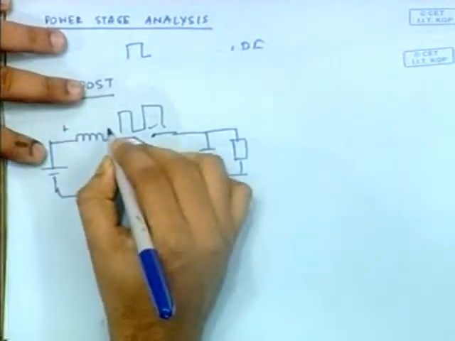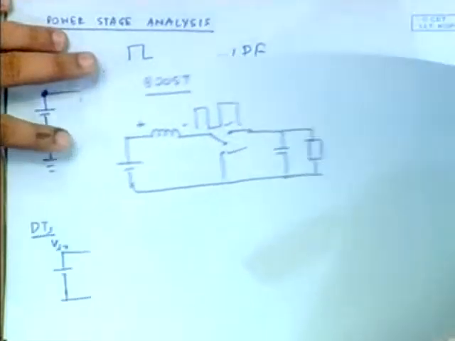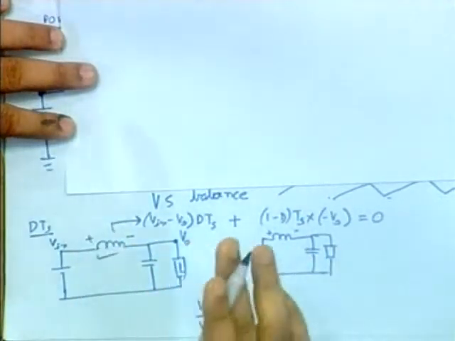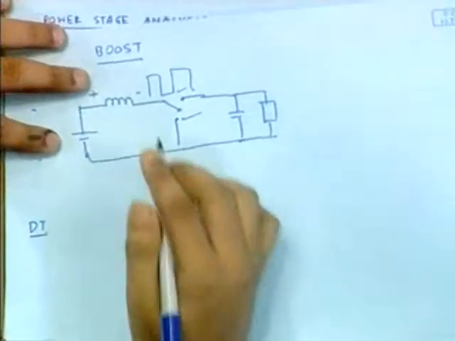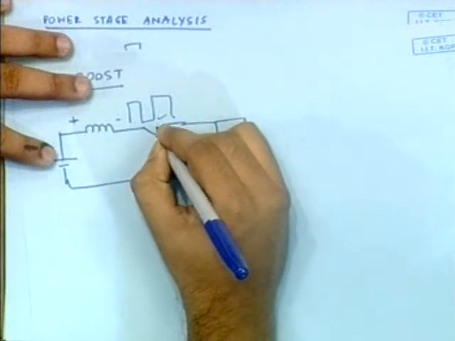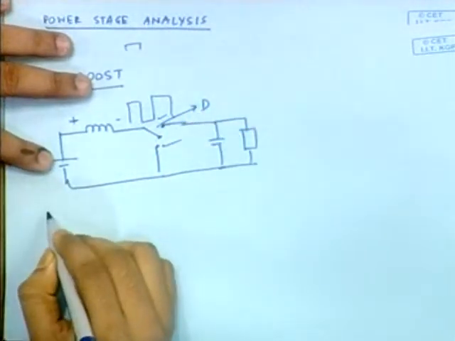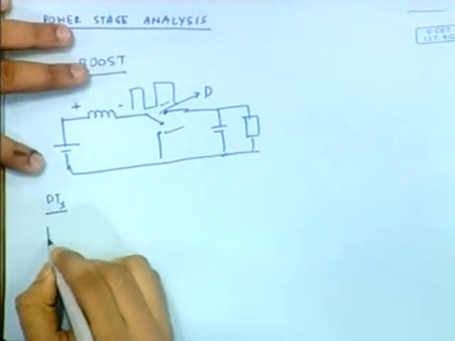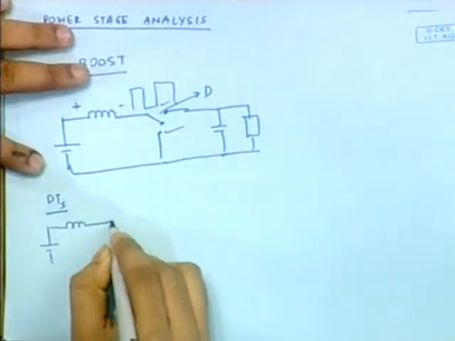Say I again mark, remember that while doing volt second balance, do not interchange the inductor orientation, plus minus this thing should remain the same. So let's say when I connect to this, I mark it as D. For dTs time period, the circuit configuration will be this thing.